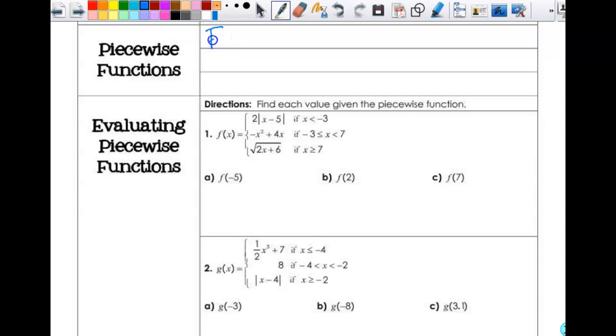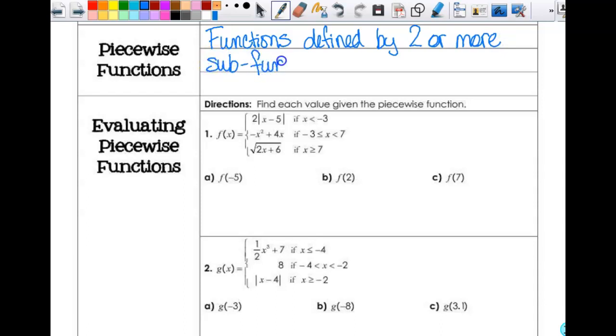They are functions defined by two or more sub-functions, each with their own domain.